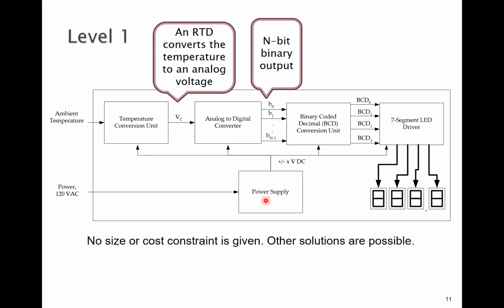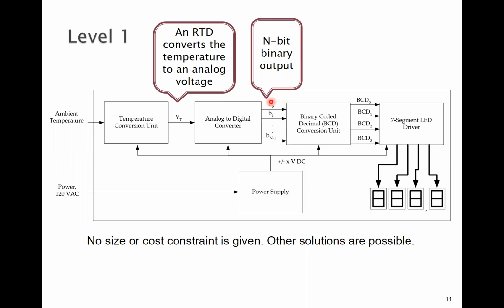As suggested, the VT, the voltage, is proportional to the ambient temperature with a coefficient alpha. So once we convert this VT to a digital bit stream, we may use an ADC. There are many commercial ADCs. Then we can select one that is suitable to our design.